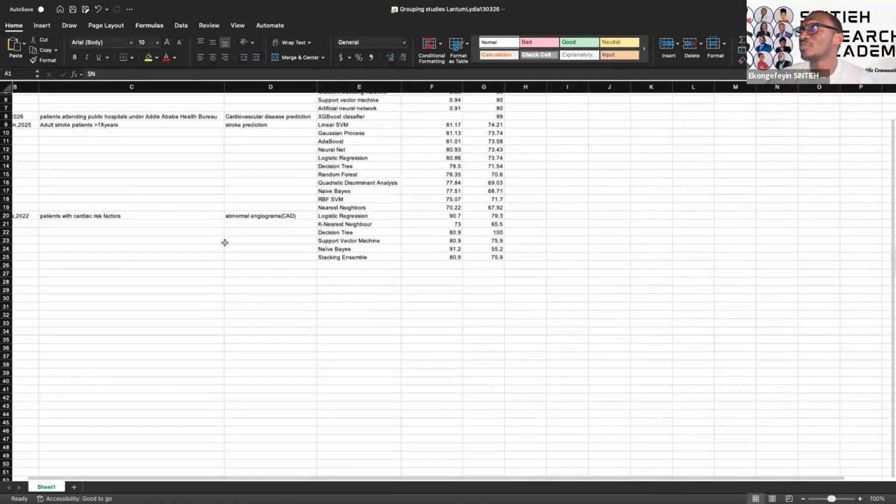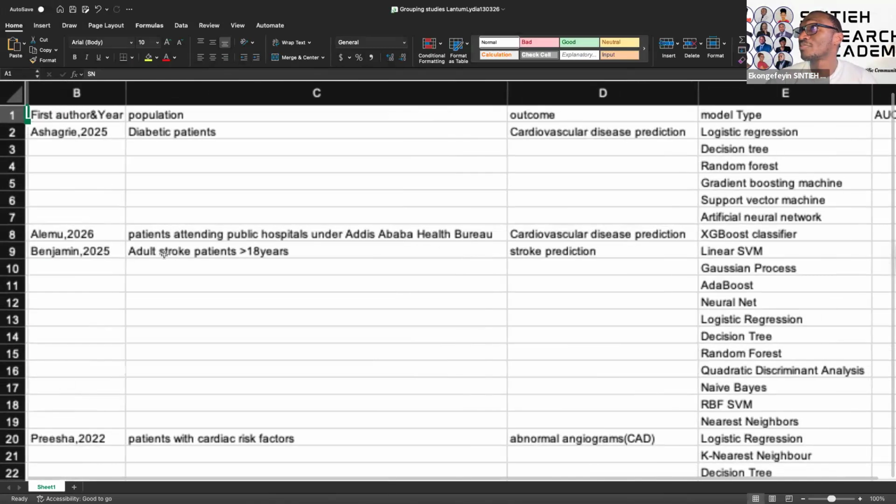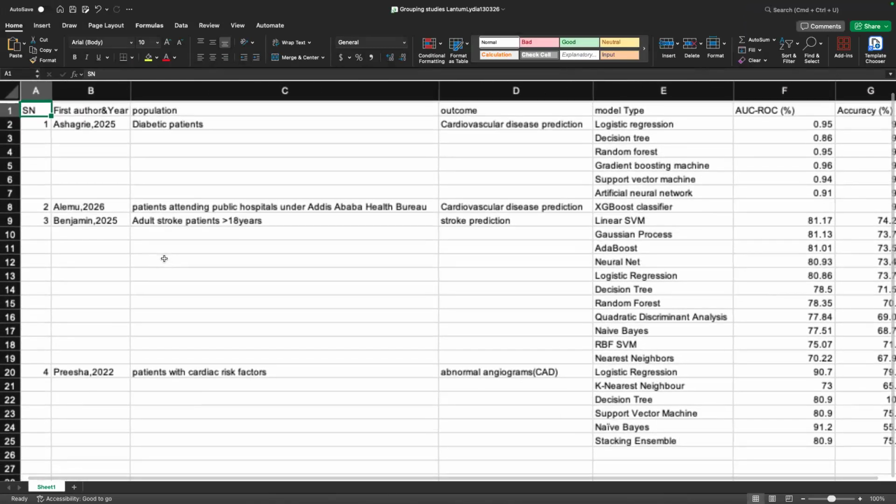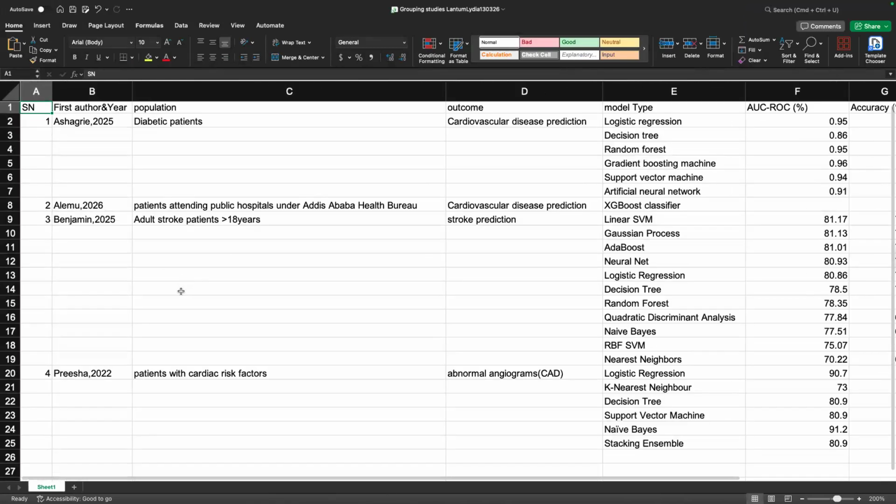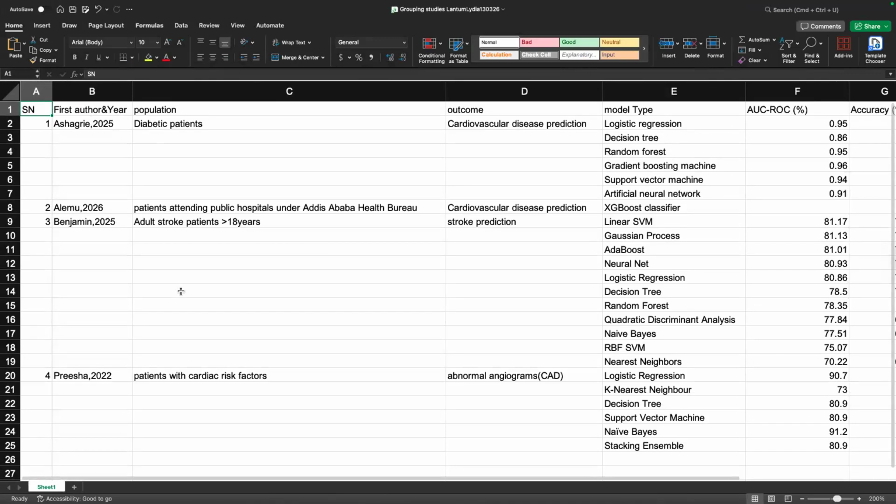This is what you sent to me now. Yes, doctor. Okay. So I used my extraction sheet to get this information, the author name. Since you said we could use population or outcome, I just chose this one. I did not have comparators for these studies, so I used the population, the outcome, and the model type.